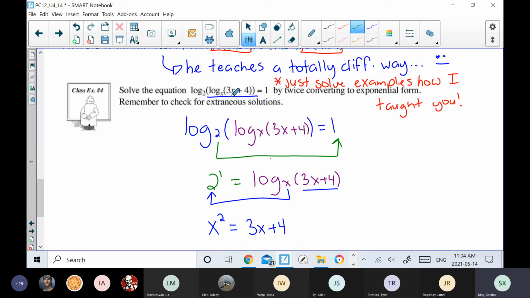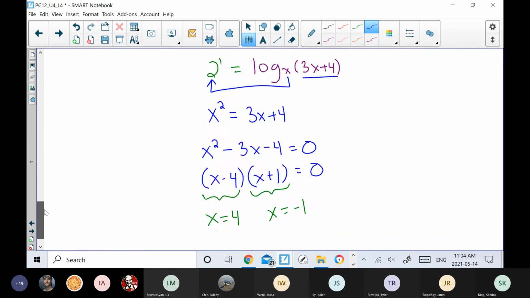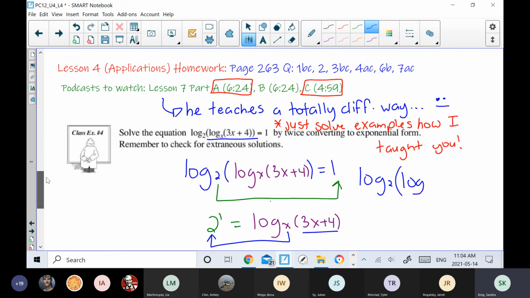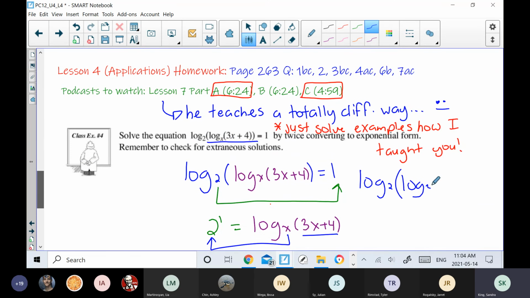So this original here, okay, so let's write this. So log base 2, the argument would be log of 4. So if x is 4, log base 4 of, and then if x is 4 here, it'd be 4 times 3, which is 12. 12 plus 4 is 16.